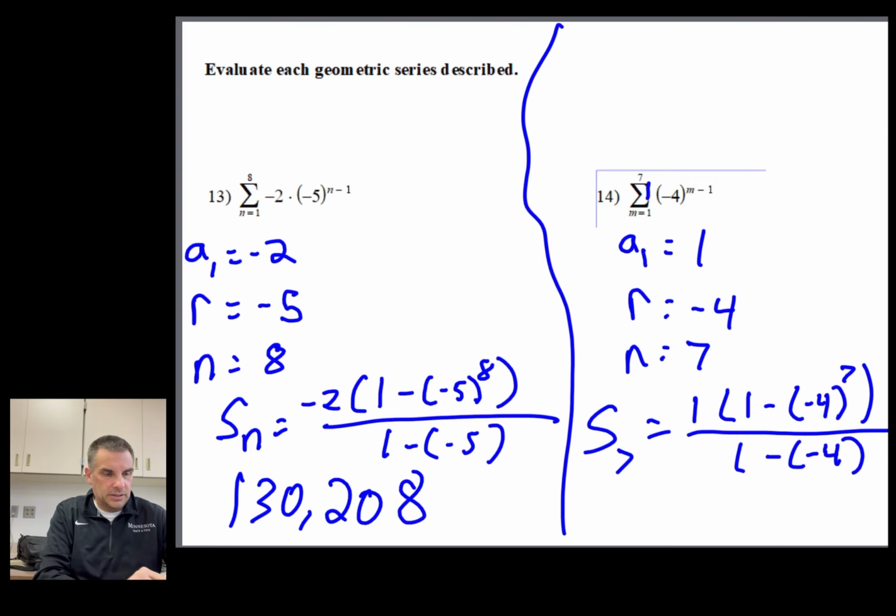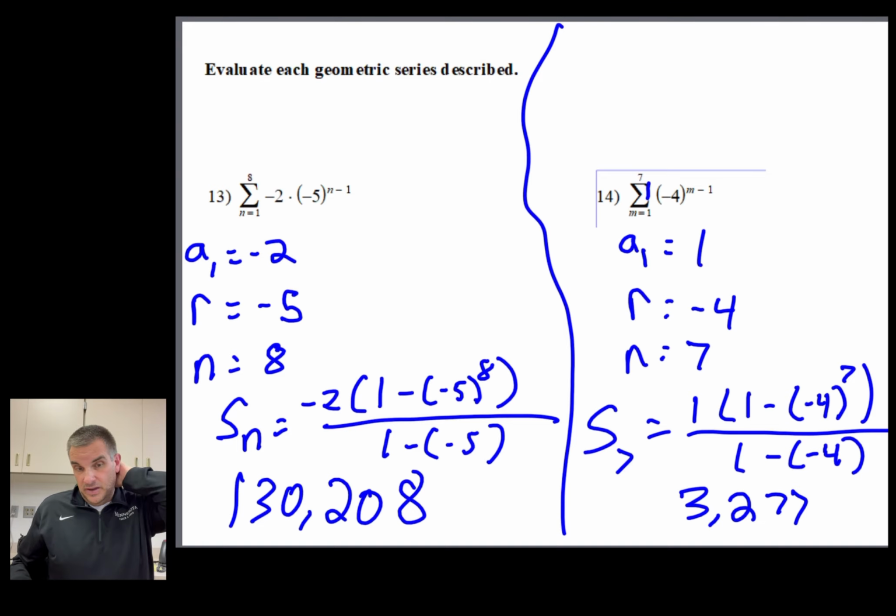So 1 times 1 minus, in parentheses, -4, raised to the 7th, divided by 5, 3,277 is the value for that.